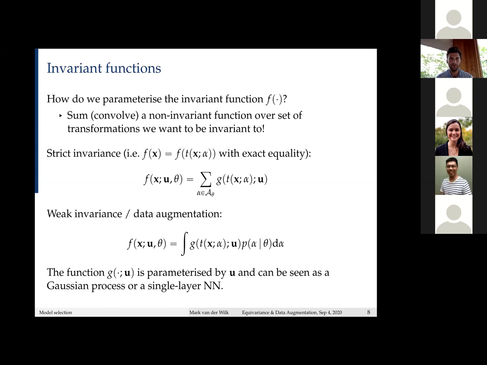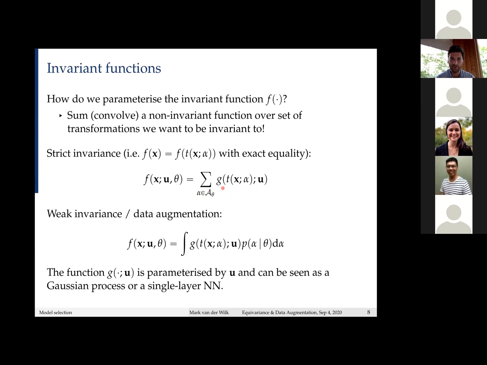The trick that we're going to apply in order to differentiably parameterize invariant functions is that we take a non-invariant function and then sum that non-invariant function over many different inputs that are transformed versions of the overall input. To see that this can lead to a function which is invariant, consider a set of transformations of 90-degree rotations.